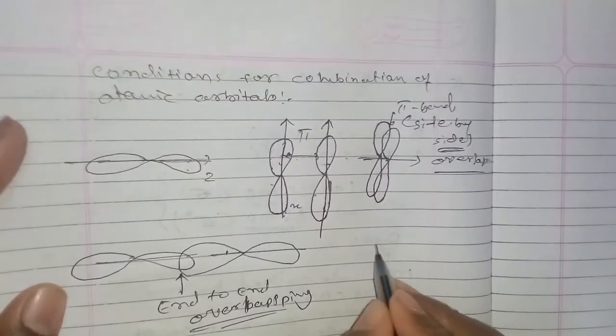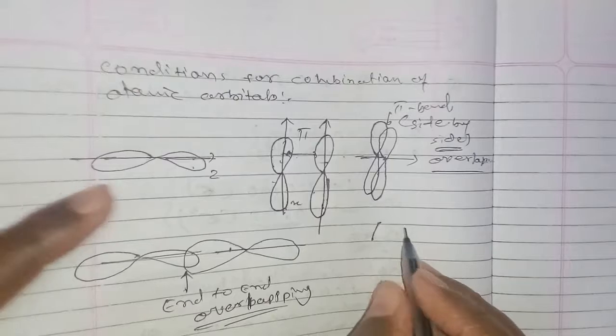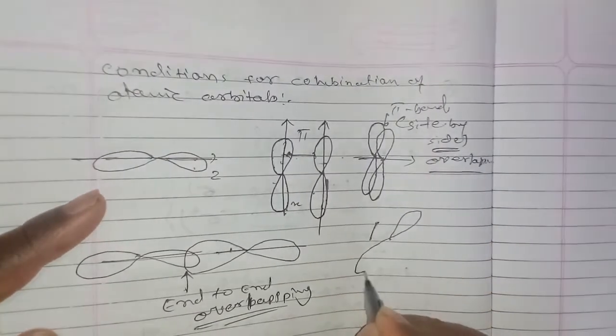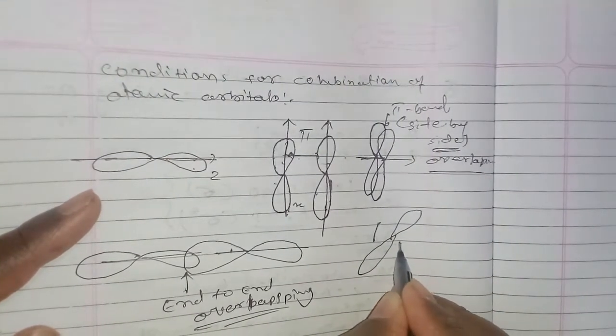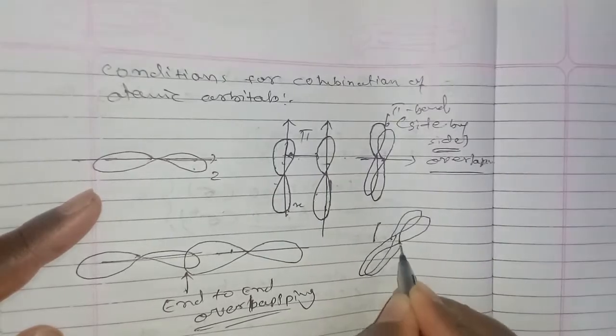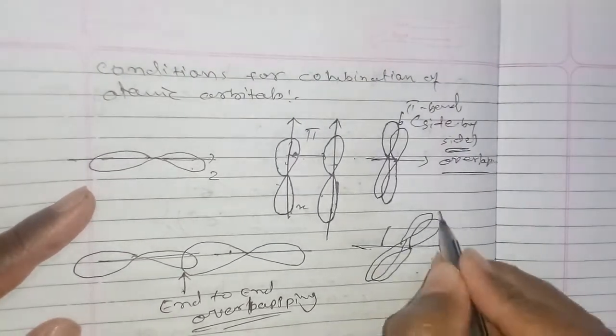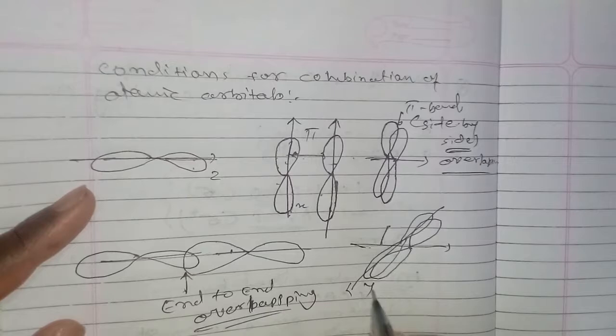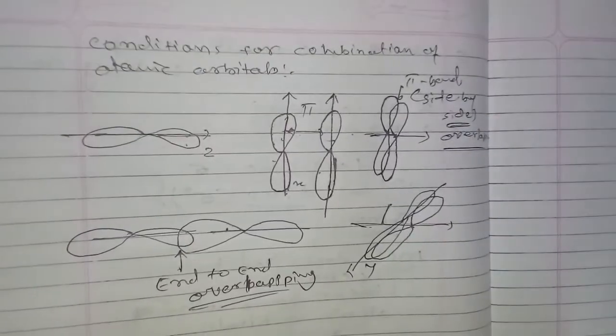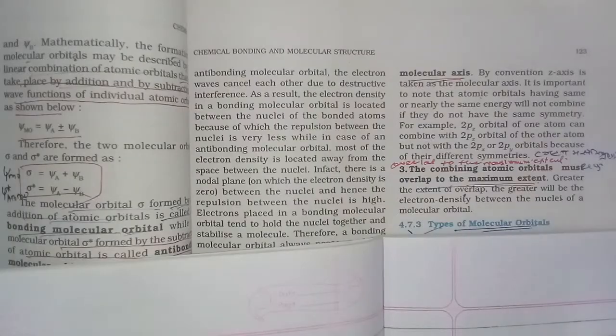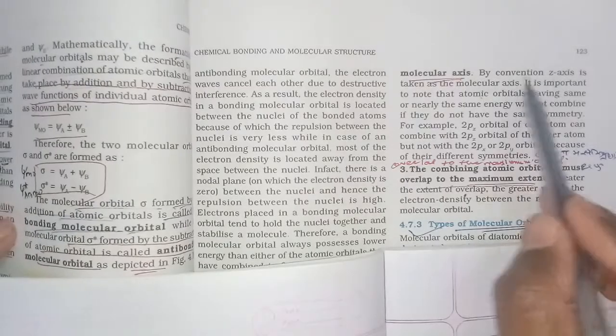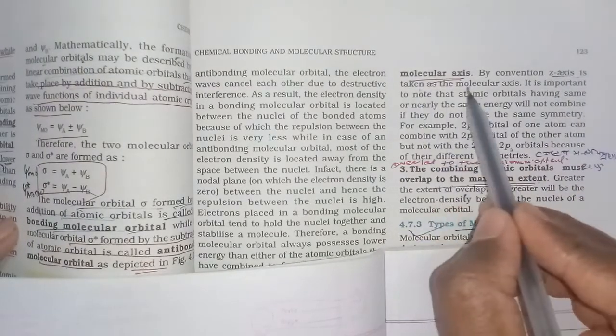Or orbitals on the y axis, they are arranged differently. So by convention the z axis is taken as the molecular axis.